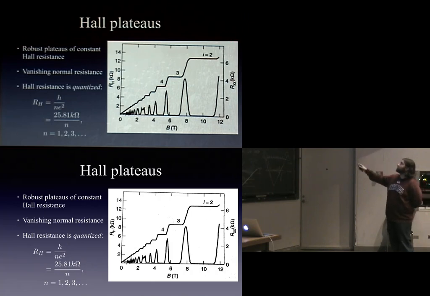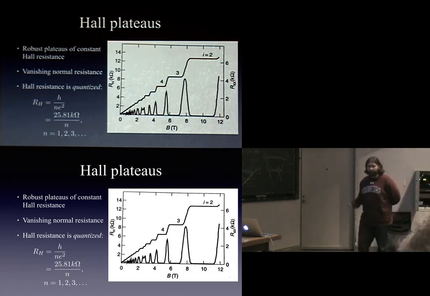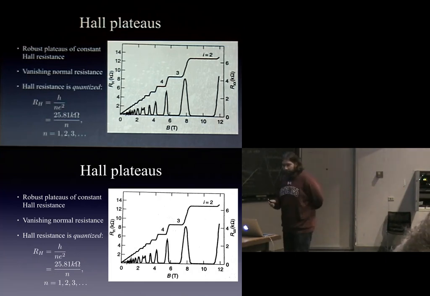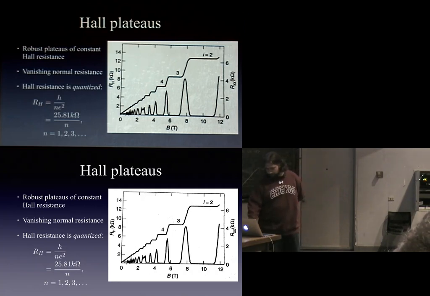So 1 is off this picture here, but here is 2, and you see that it is pretty much a good fit. 3, 4, these fits are extremely good to this formula. And so this is what we want to explain. Why do we have these very beautifully quantized results, and why do they exist for these wide regions?